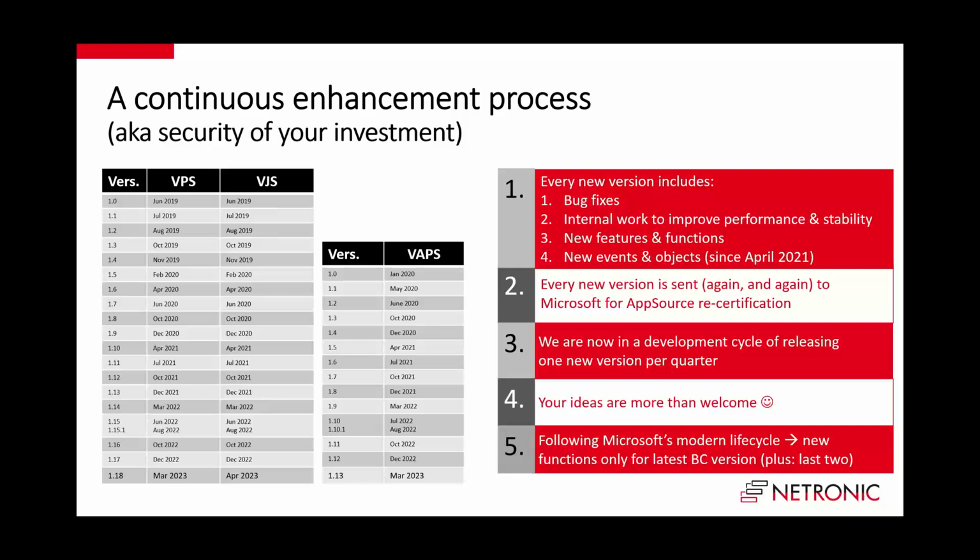This is because Microsoft does so many breaking changes from one version to the other that we cannot cope with the legacy versions, and we want to ship new functionality only for those Business Central versions that are supported by Microsoft. And this is not new. We started with this, I think, more than a year ago. I just wanted to put this out as a reminder.